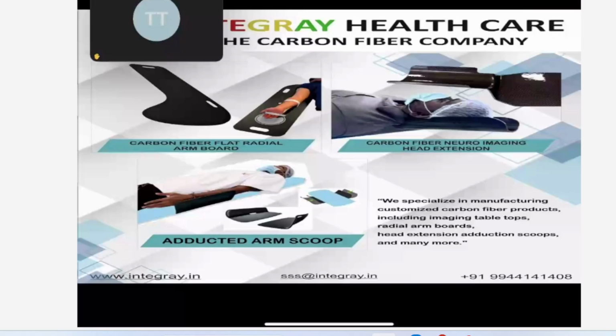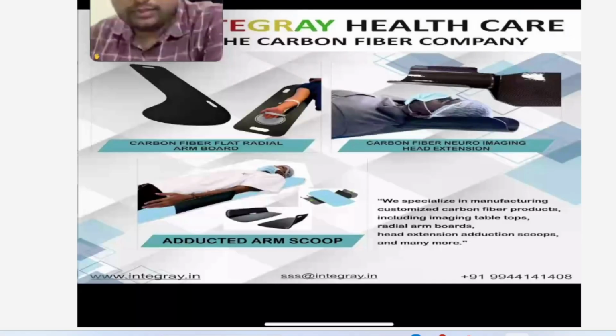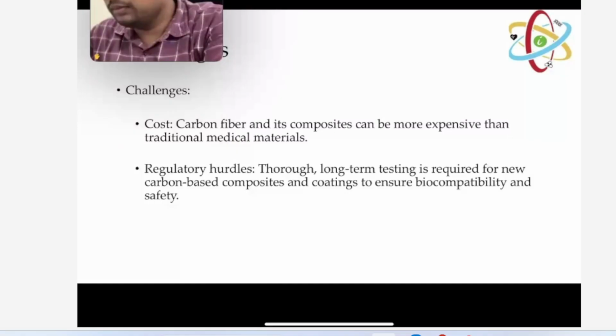So these are all the developments which we did and which we have been happily and proudly supplying to many hospitals across India and beyond. So these are all the products which we developed.